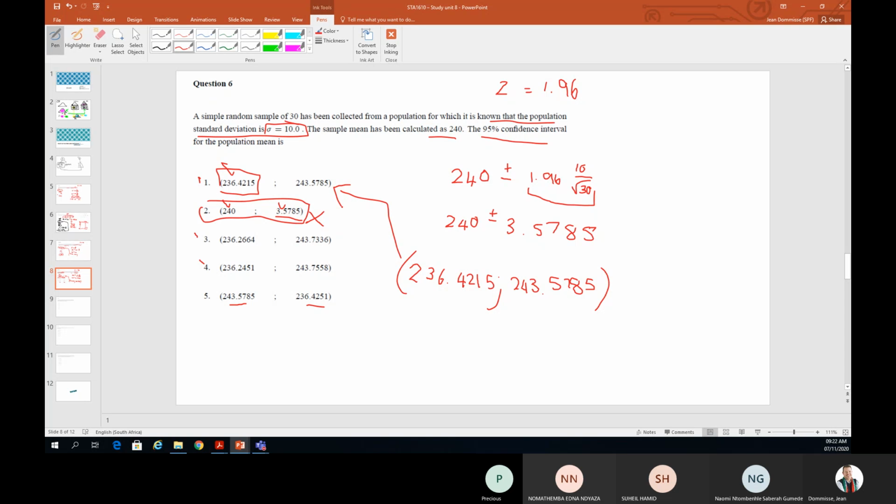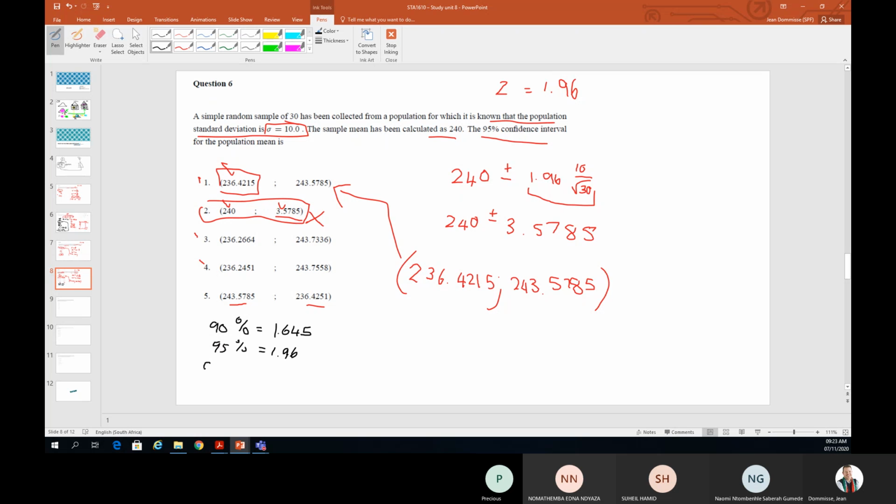When it is a 90% confidence interval, we're working with a Z of 1.645. When it is 95%, we work with a Z that is 1.96.